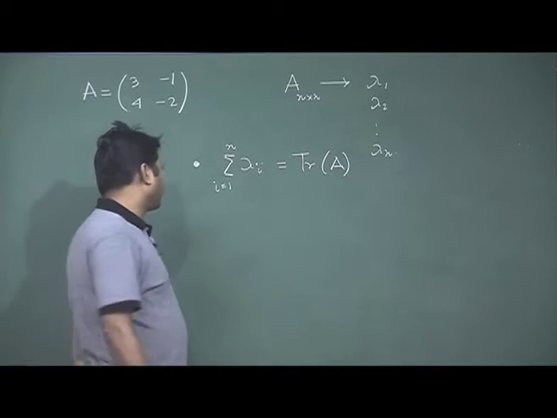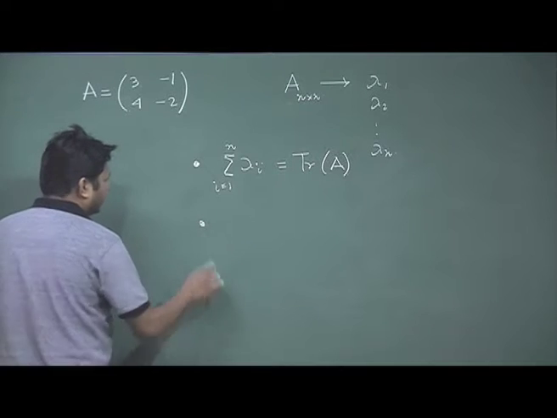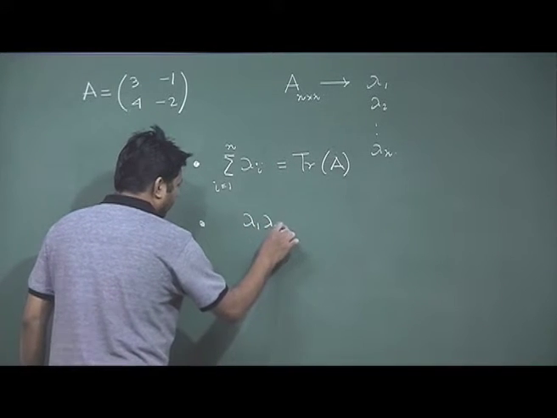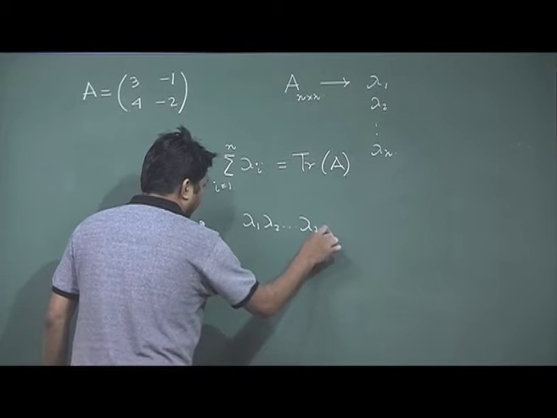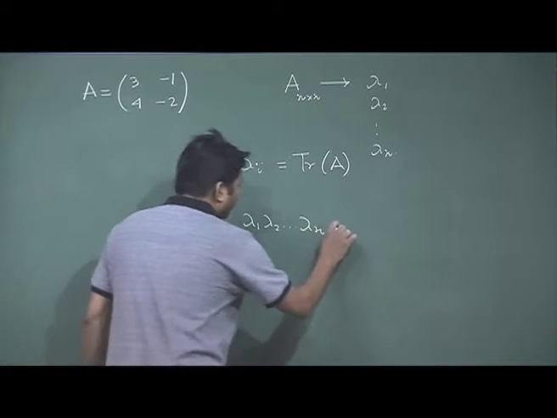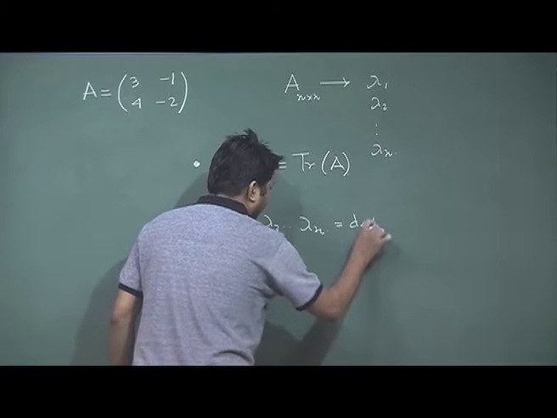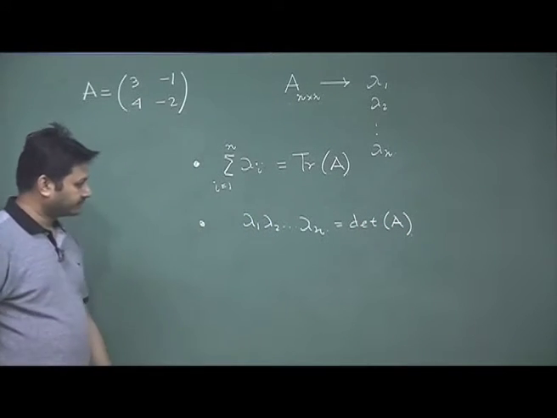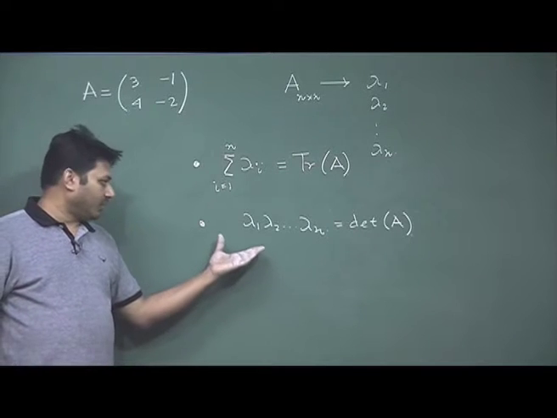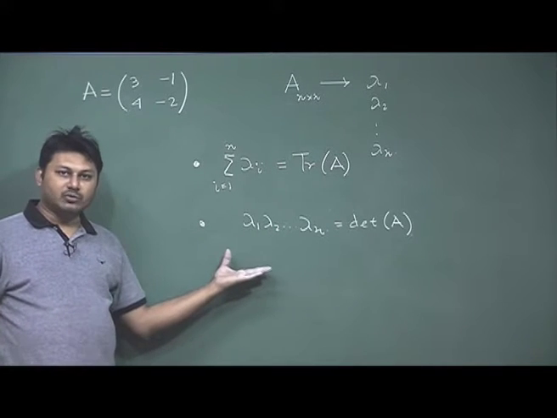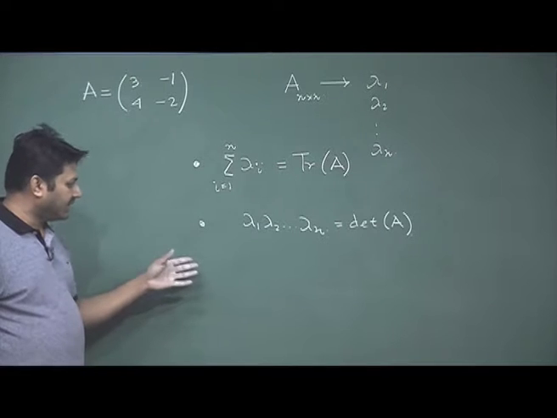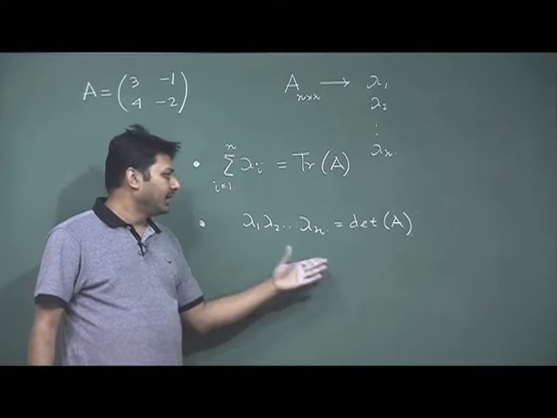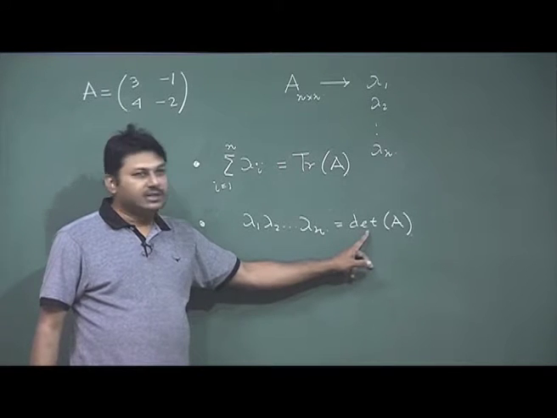This is one property, and the second property is that if you multiply lambda 1, lambda 2, up to lambda n, it will be equal to the determinant of this matrix. When you multiply the n lambdas, whatever you get will be equal to the determinant of the matrix.